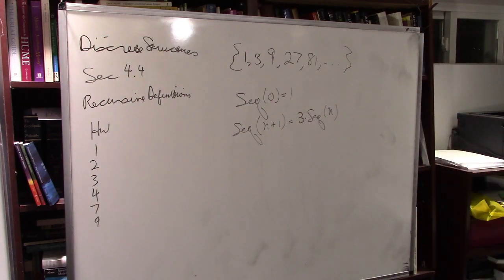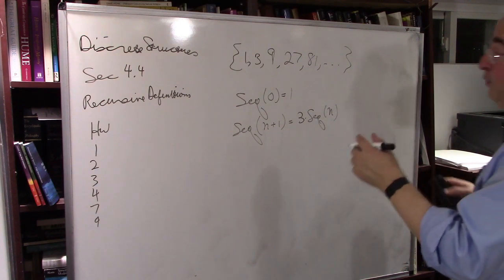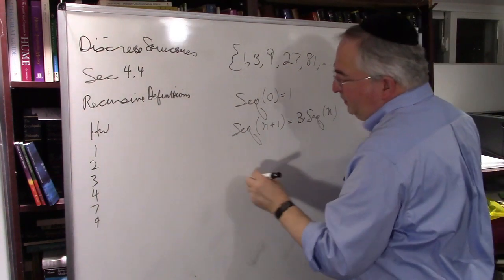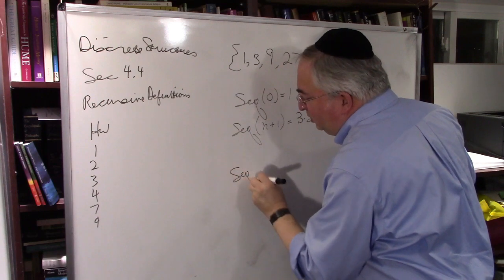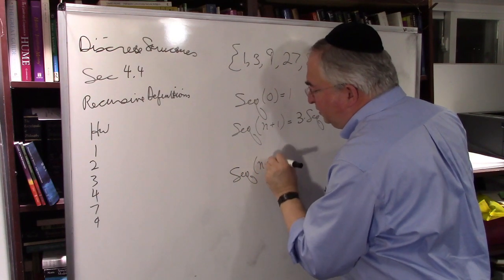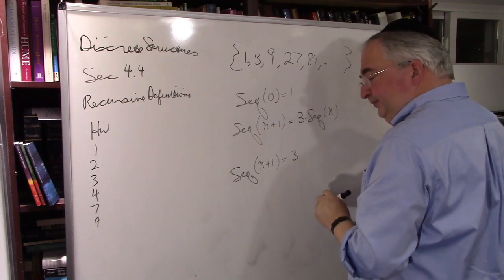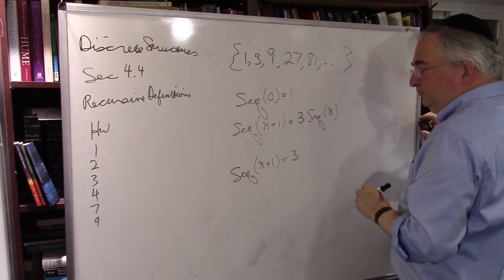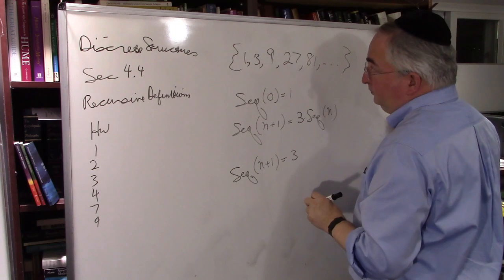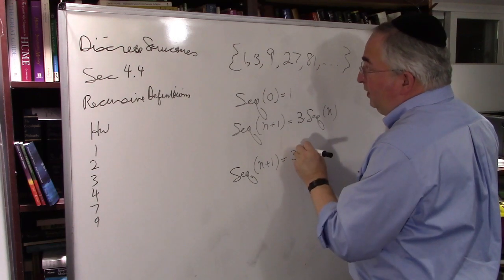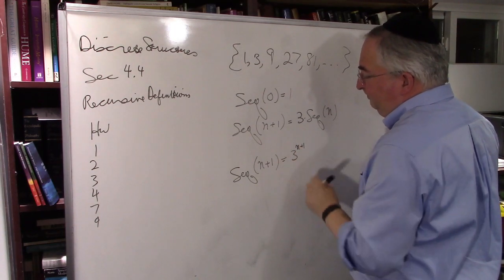Okay, that's number 3. 3b, give a recursive definition. We give a recursive definition for this. So it's very simple. SEQ of n plus 1 is equal to 3 times SEQ of n.